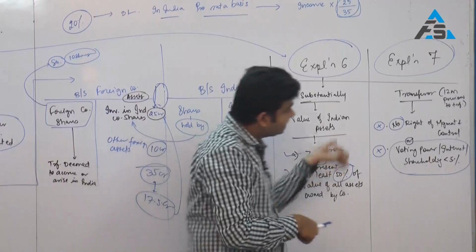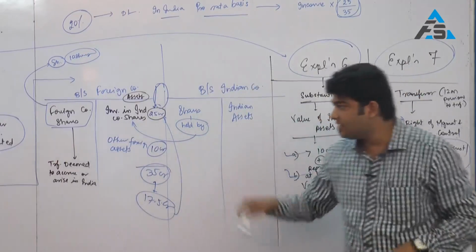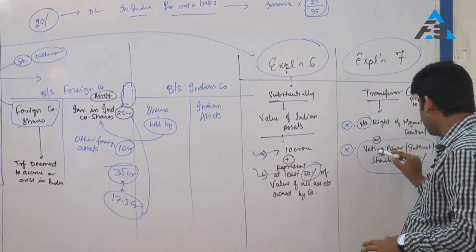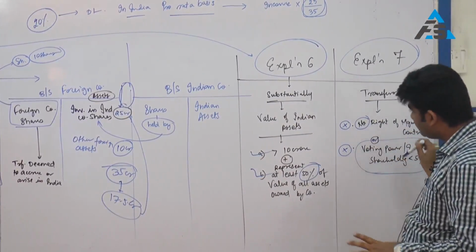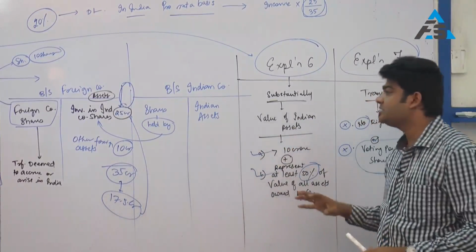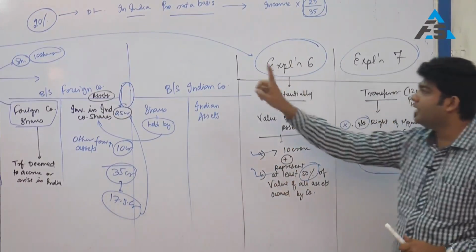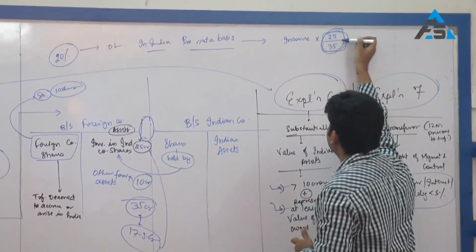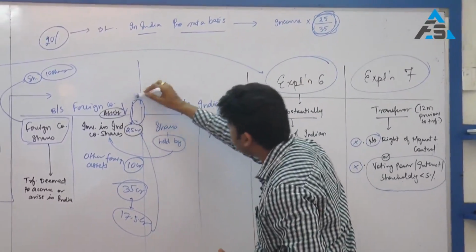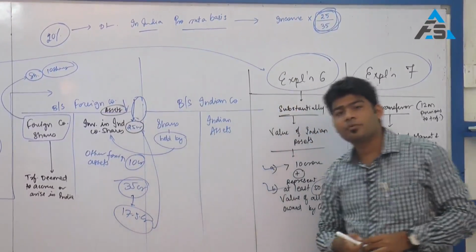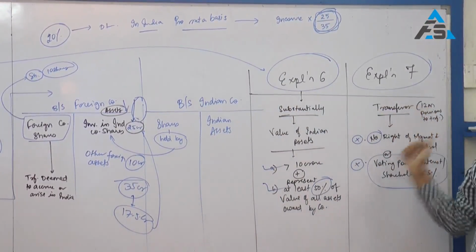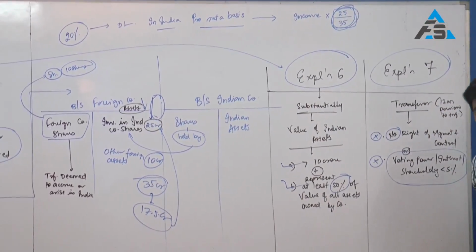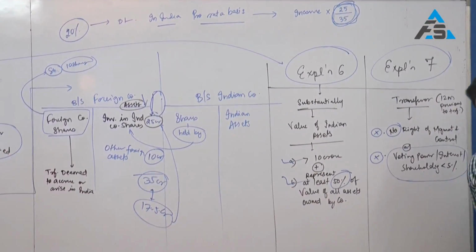And if that is there, then we will see explanation 7 in case of transfer of shares, which says that if there was no right of management and control or voting power shareholding was less than 5%, then that particular shareholder can be saved from the clutches of tax, else he will have to pay tax, that too on a pro rata basis for the amount of income which is derived from the Indian assets. Section 9(1)(i), explanation 5, 6, 7 and the dividend point introduced by FA 2015.